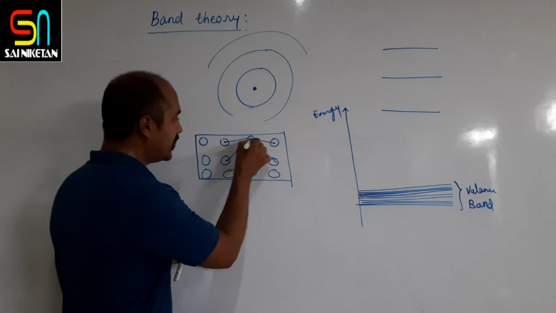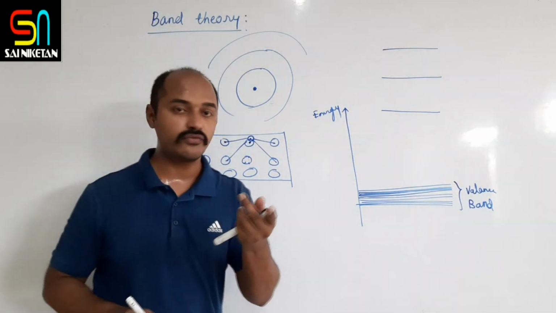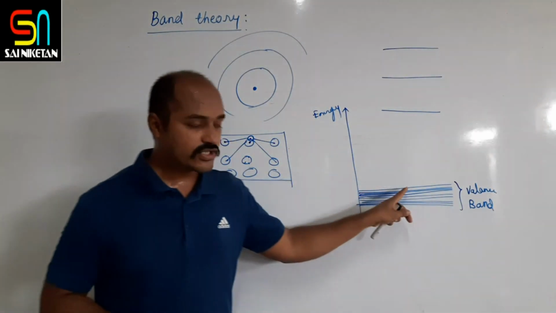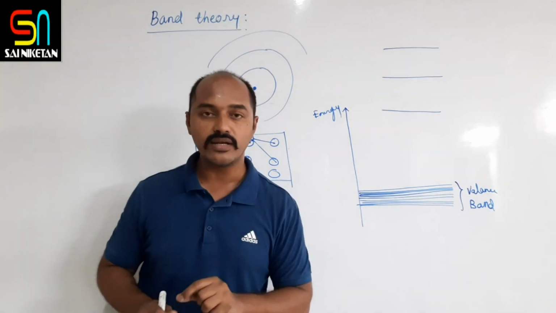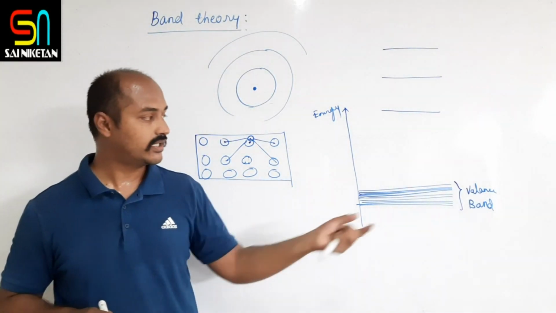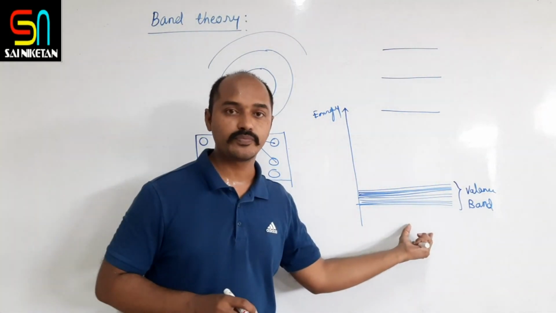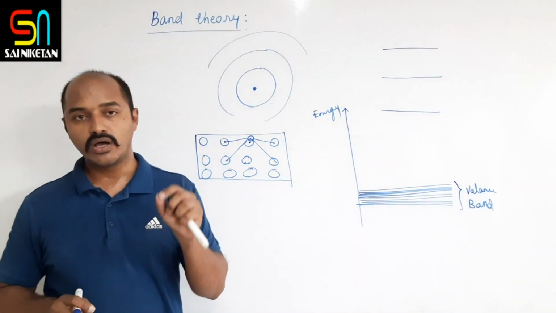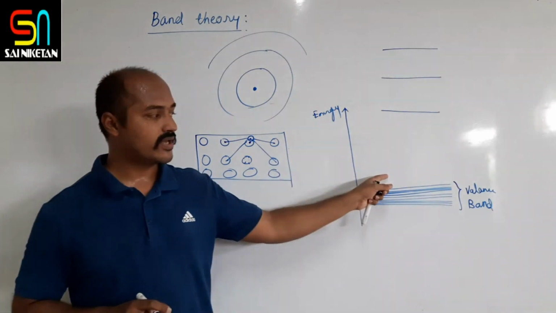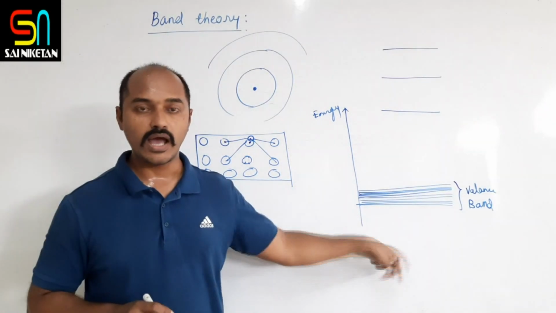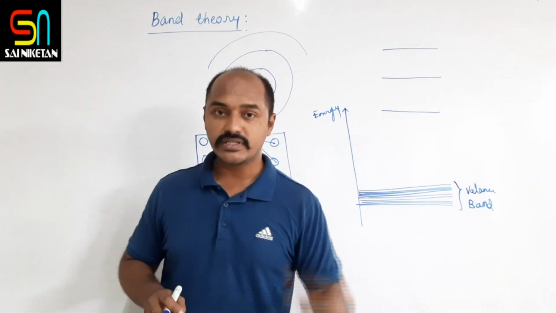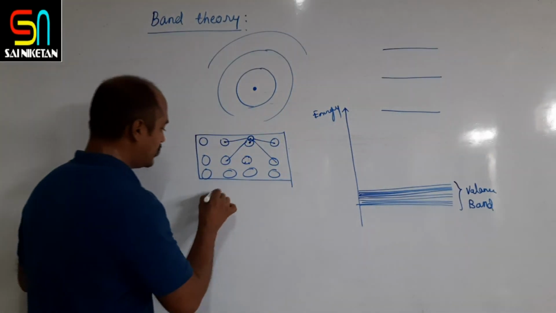Hence, its energy level is different from the other electrons. Hence, instead of forming an energy level, here an energy band is formed. The energy band formed because of valence electrons is called the valence band. And this is what the valence band is. Further, this is at 0 Kelvin.